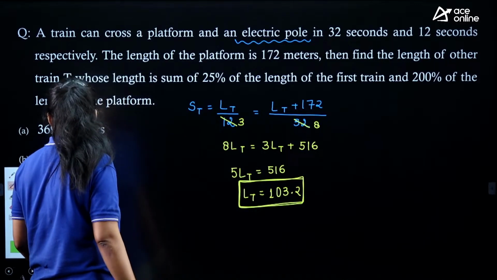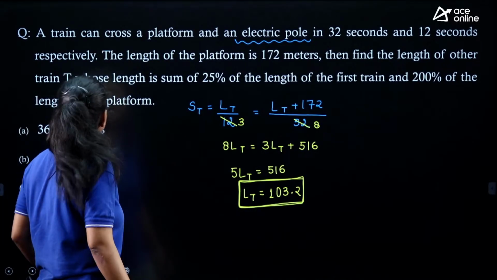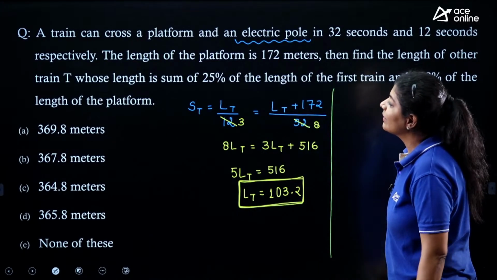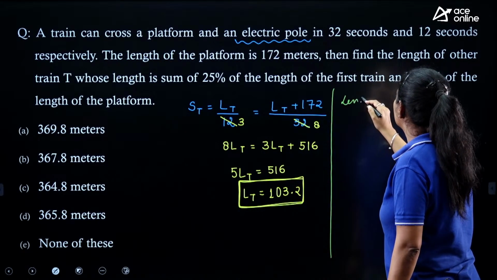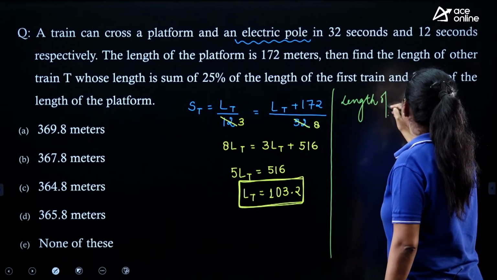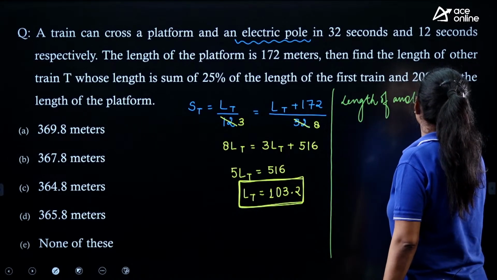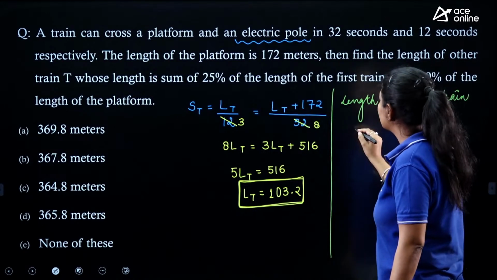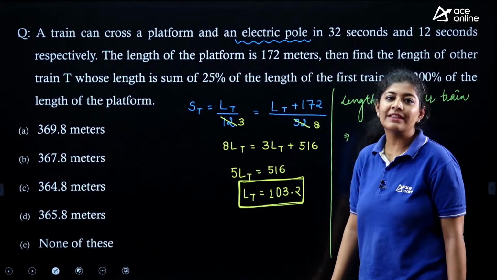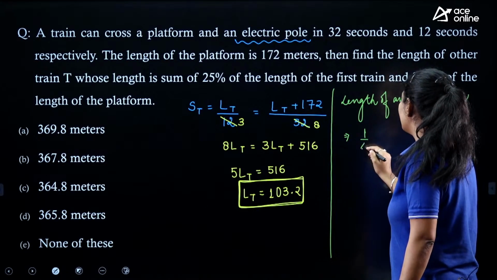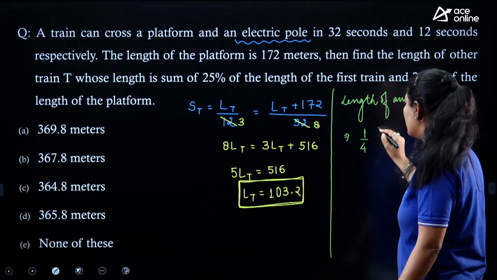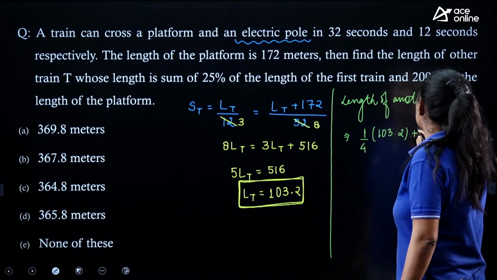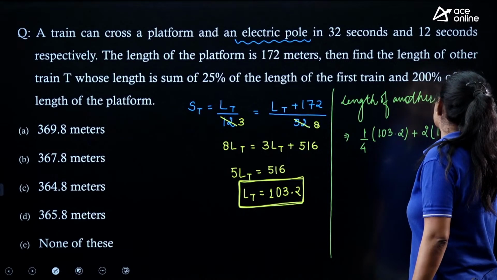Now the question is saying that we need to find out the length of another train, which is nothing but the sum of 25% of the length of the first train. That means 1 by 4, 25% is 1 by 4, of 103.2, and 200%, that means twice of 172.